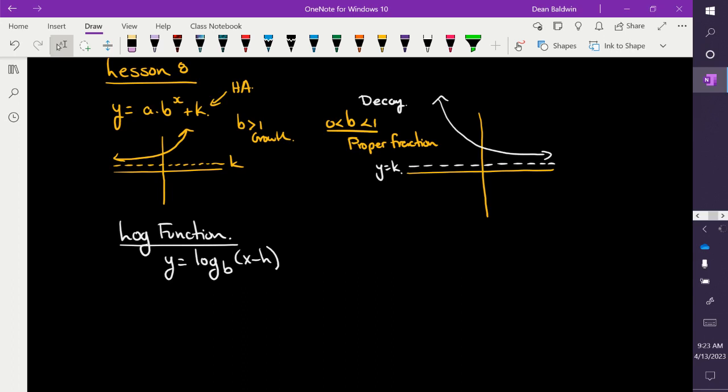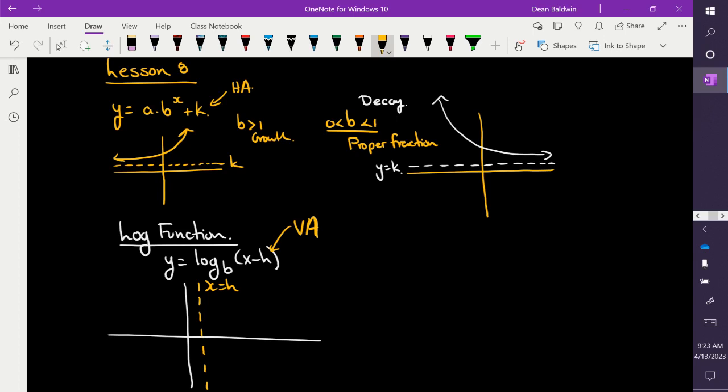What does a log value have? Does it have a horizontal asymptote? It has a vertical asymptote. What value in here do you think gives you the vertical asymptote? The h value. Okay. So the h value is your vertical asymptote: x is equal to h. When I say VA, are you okay with that? Vertical asymptote, HA horizontal. Whatever your h value is, that's your vertical asymptote.